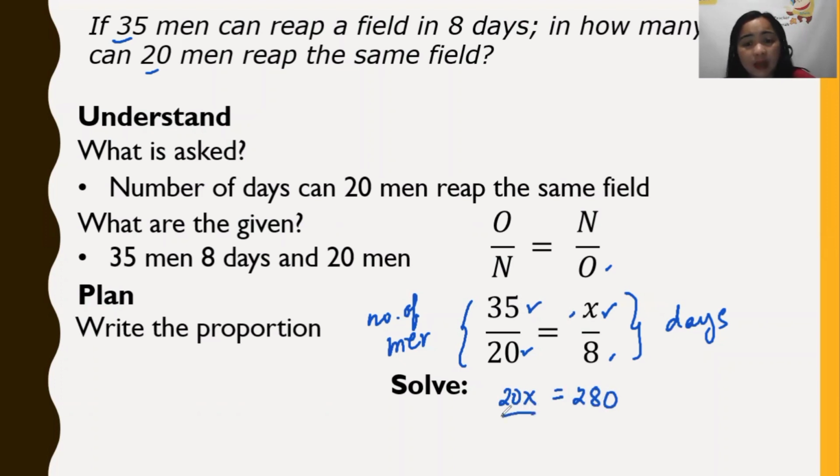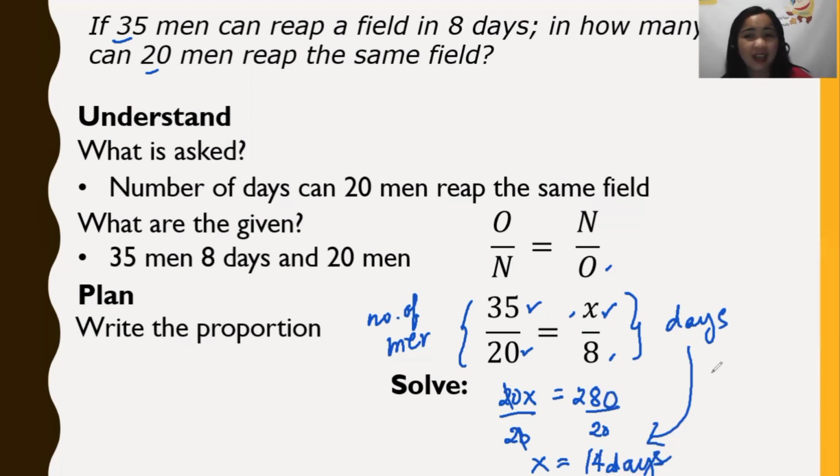Now, by dividing both sides by 20, x is equal to 14. So therefore, 20 men can reap the same field in 14 days.